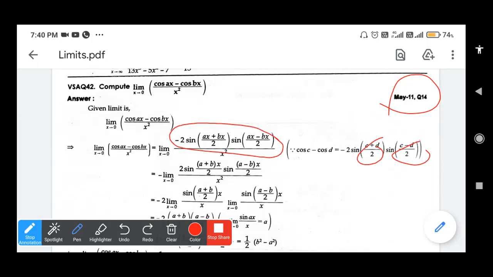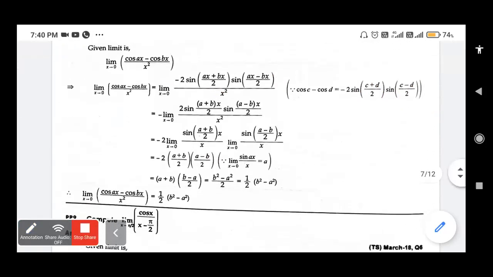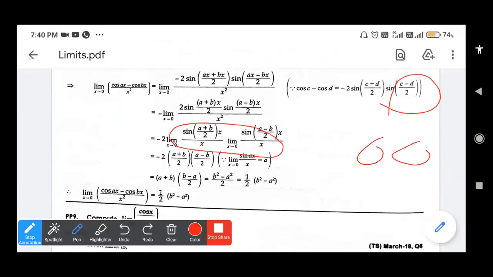After taking x as common, just take x as common, then apply the limit. Okay. If you apply the limit, okay, sine x by x will be equal to 1. Sine x by x will be equal to 1.